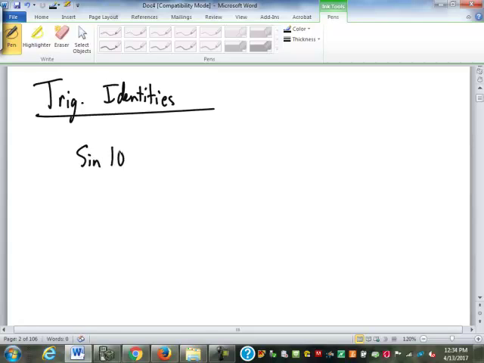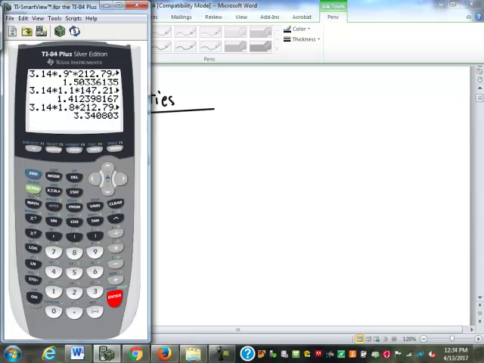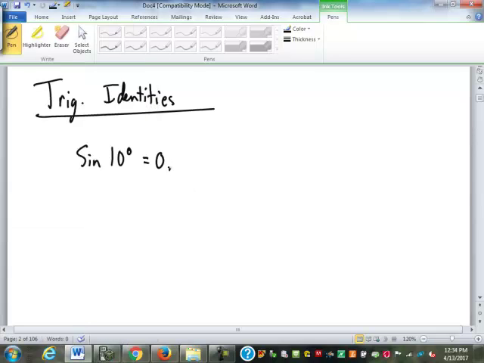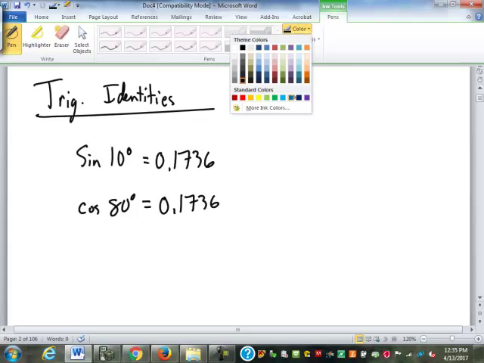If I know that sine of 10 degrees equals 0.1736, and I ask you for the cosine of 80 degrees, what's that going to equal? 0.1736. Why?